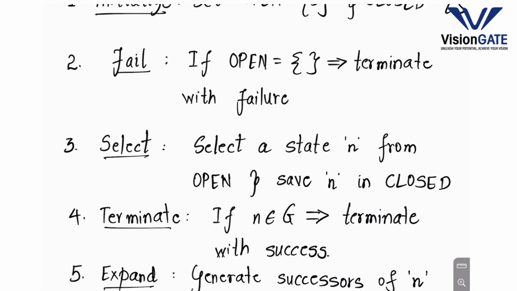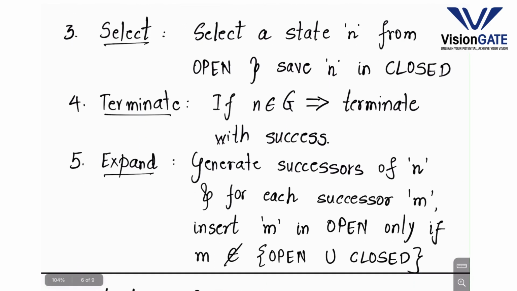And second, while expanding the node, when we generate the successors of n, for each successor m of n, we will insert it in the open set only if it has not been explored yet at all. So we will check if it is neither present in open nor present in closed.